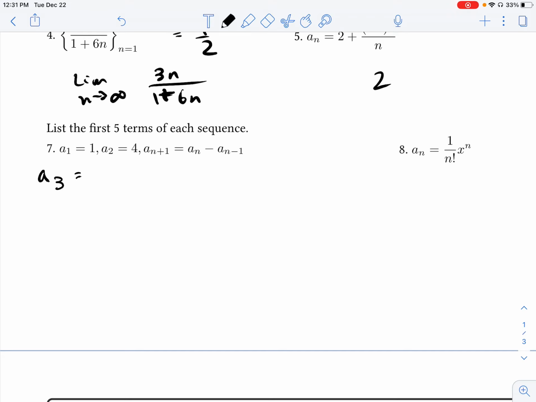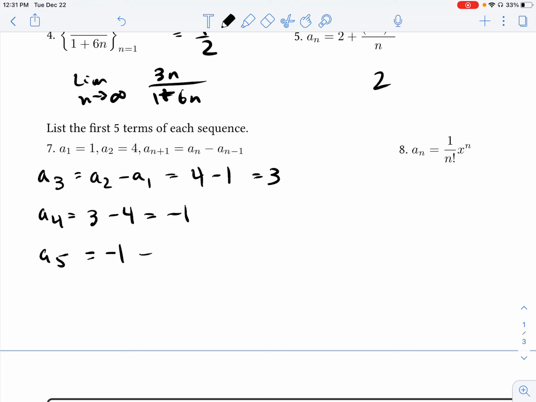In other words, a sub 3 is a sub 2 minus a sub 1, which in this case is 4 minus 1, which is 3. A sub 4 then would be, in this case, 3 minus 4, which is negative 1. And a sub 5 would be negative 1 minus that previous term, which would be negative 4.